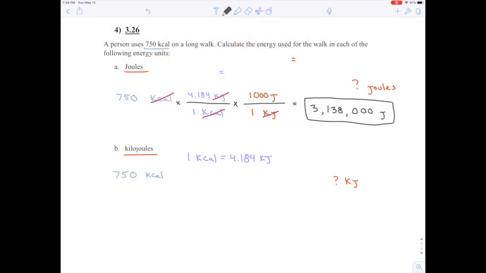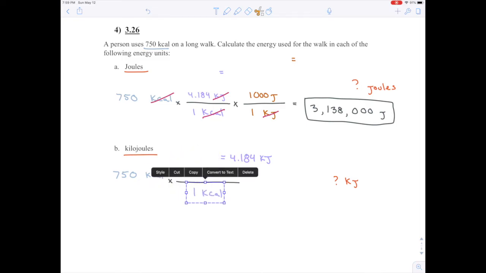So we can take that relationship and take the number we start with. Every time you do a conversion, write a multiplication sign, fraction bar, and the unit that you start with is going to go on the bottom. So here, kilocalories, that's the unit we start with, that's the unit that's going to go on the bottom.